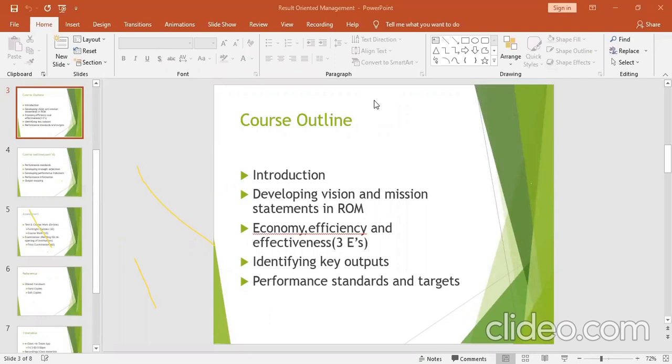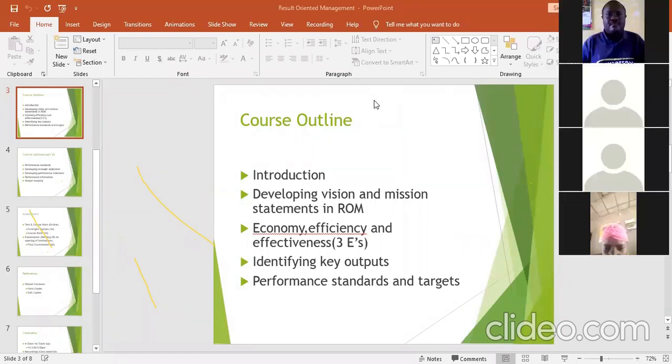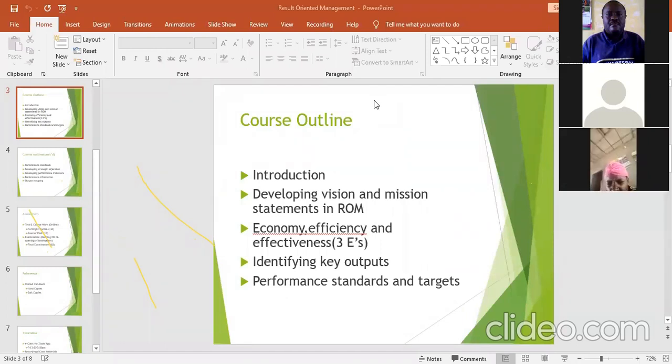You only deal with the priority areas because resources will never be enough. Needs are insatiable. You satisfy one need, another one emerges. Remember last time when we looked at Abraham Maslow's hierarchy of needs theory, we said needs are in a hierarchical order. You satisfy one need, another one emerges. So ROM is saying you will not satisfy all the needs. What should you do? Look at the priority areas. Start with the most pressing need.